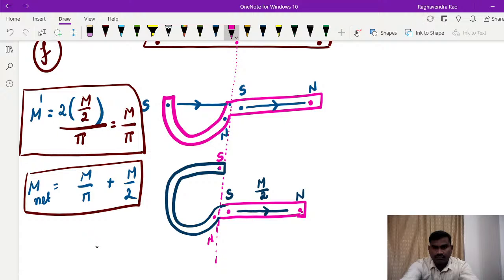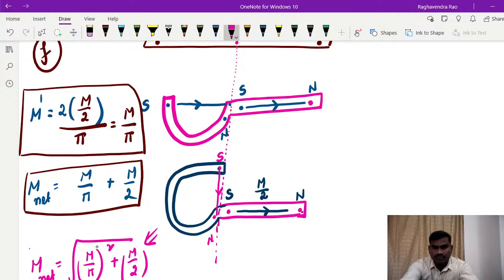Now what is the magnetic moment of this part, directed from south to north? That means like this. So what is the angle between these two magnetic moments? 90 degrees. So m net is equal to root over m by pi whole square plus m by 2 whole square plus 2 into m by pi into m by 2 into cos 90 degrees.